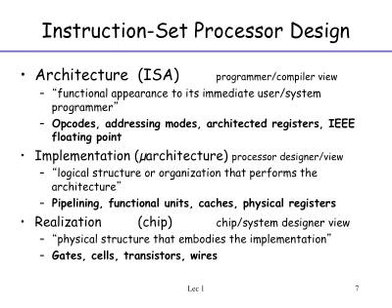If you want to have 2 megabytes of cache on the chip, how do you fabricate those memory cells as a part of your microprocessor? Those are the things we need to consider at the realization layer. In this layer, we deal with the gates, cells, transistors, and wires.